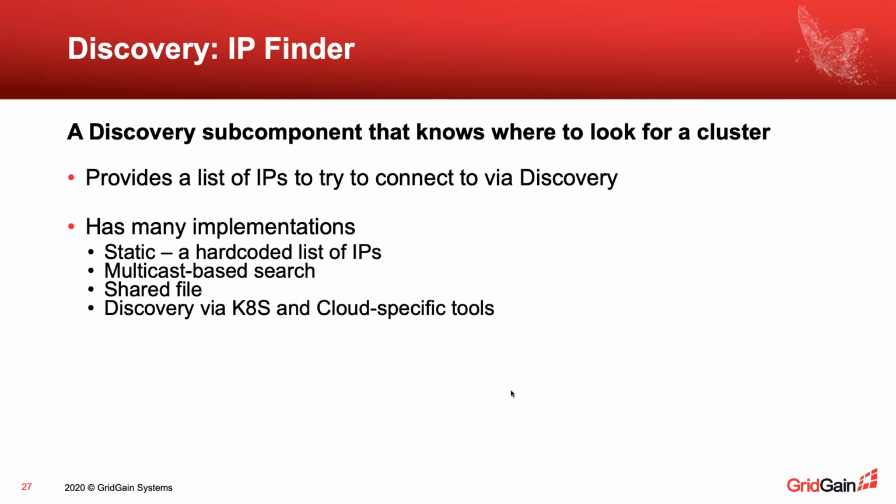So for example, if you have a bare metal installation, you have your 10 servers which always have static IPs, then you want to just use a hard-coded list. But if you use Kubernetes, there is a Kubernetes IP finder for that. And if you use AWS, there are a couple of AWS IP finders which are useful in different situations. So I guess these are the main differences between different environments.